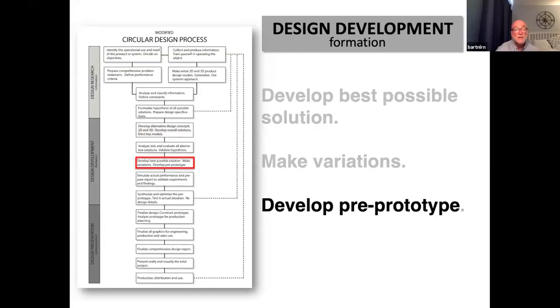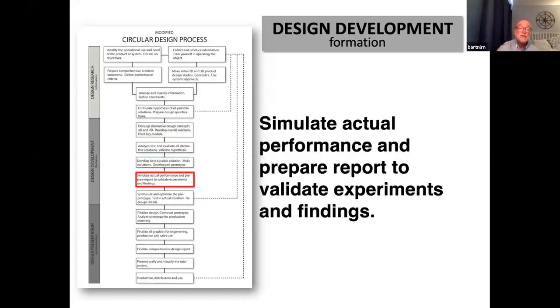You can see all these steps that are going through, and a lot of this is evaluation and testing. And then you simulate actual performance if you can't do the true performance, and prepare a report to validate experiments and findings. So this is evaluation. I know that even at Auburn University, where we've been teaching industrial design for many, many years, we tend to skip over this.